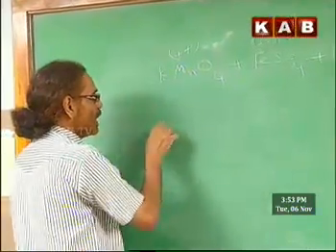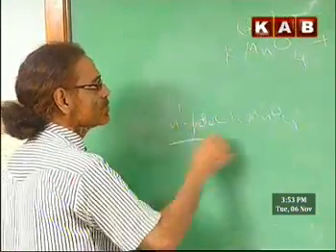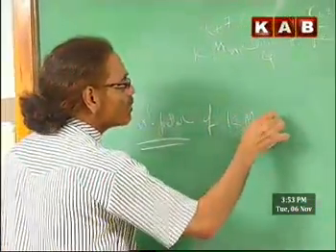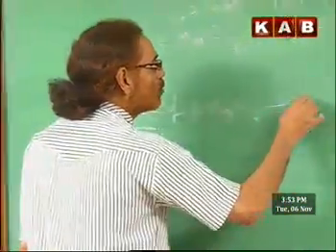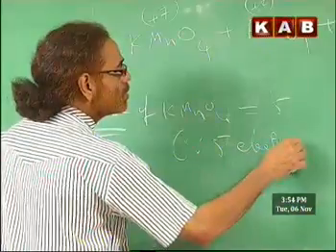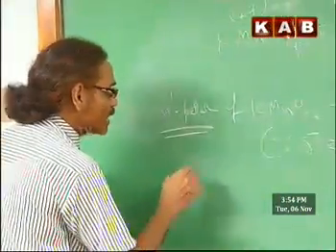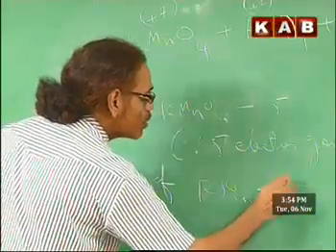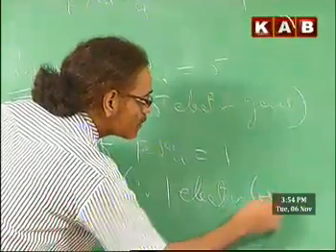For potassium permanganate, the N factor we decide is equal to 5, since 5 electrons gained. Similarly, the N factor of ferrous sulfate is equal to 1, since 1 electron lost.